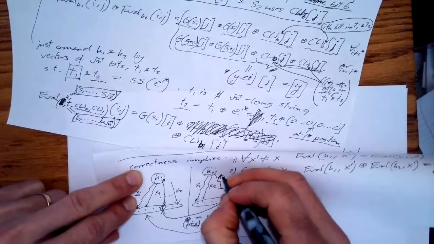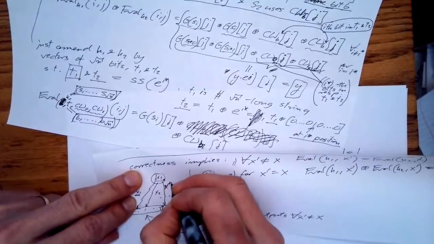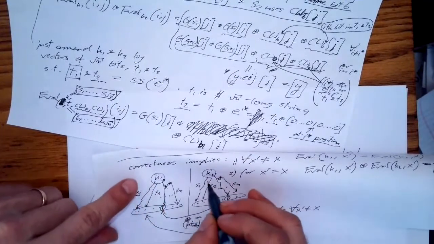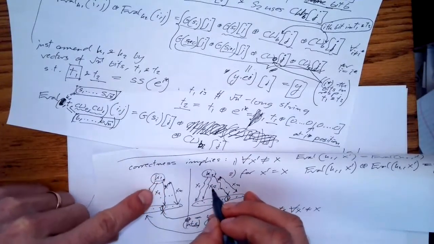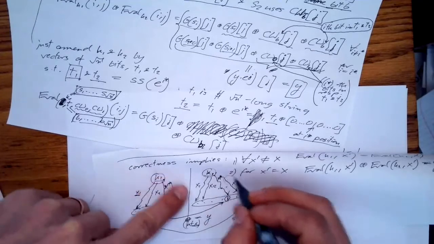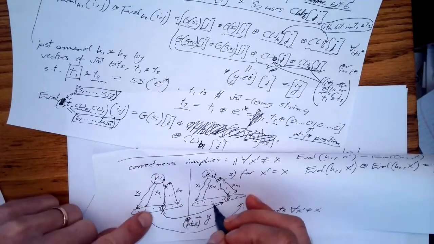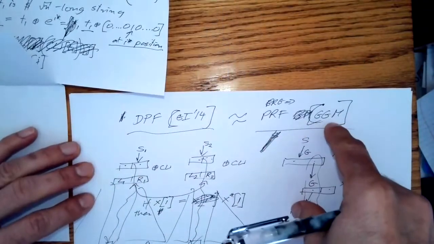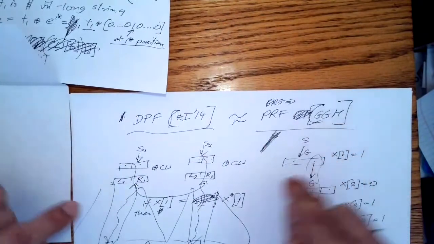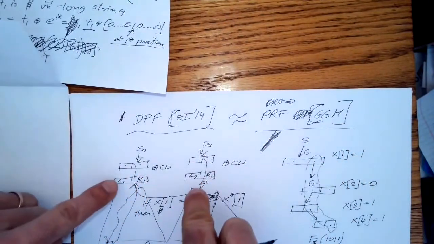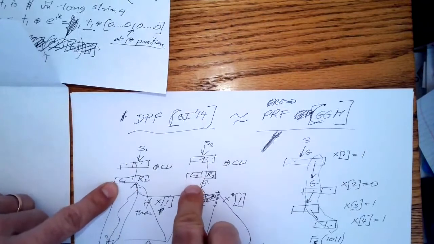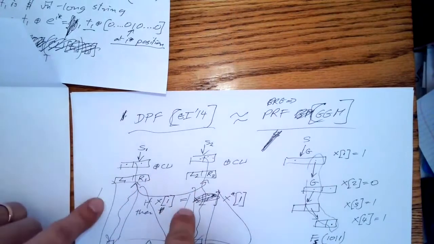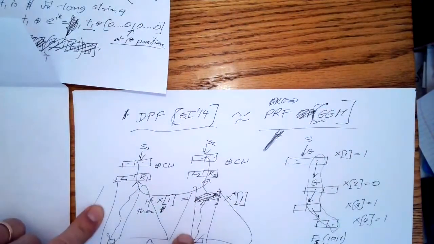When you evaluate, you don't know which path corresponds to X star. But the evaluation has the property that once you veer from the X star path, so you are somewhere here or somewhere here, you will end up with the same value. And why? Because it's the basic GGM PRF with the correction vectors that enforce that you will have the same seeds. And therefore, you will do everything the same way. You will apply PRG and use the same correction vectors.